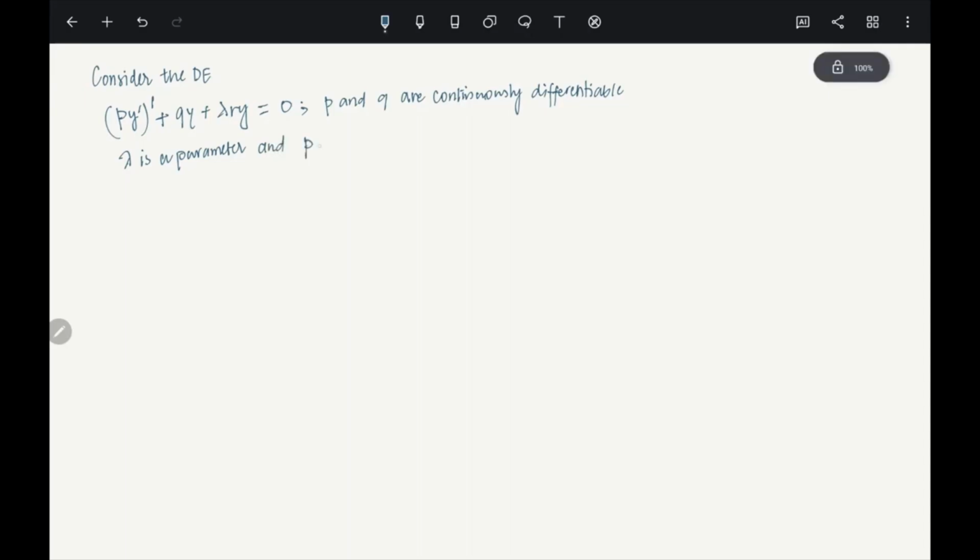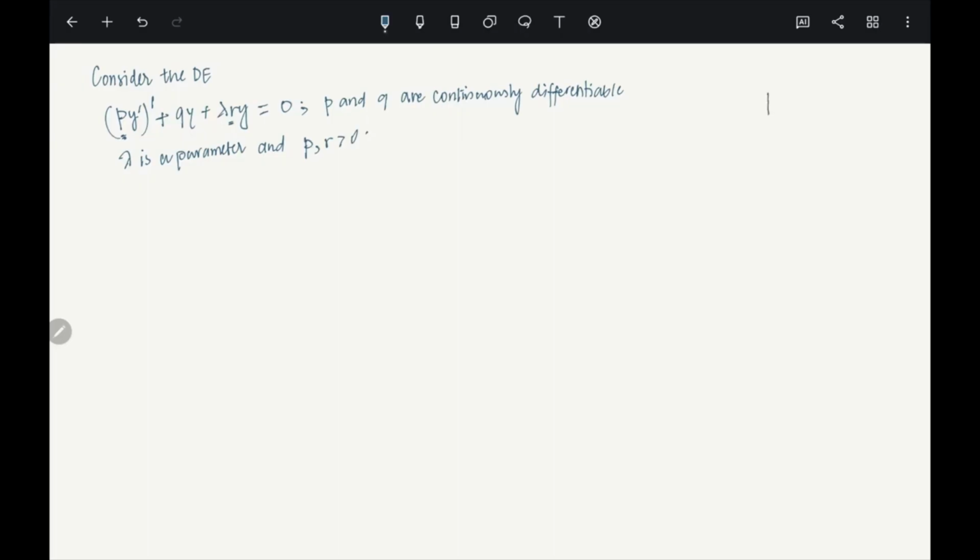P and R are positive. Please remember this, very important. Without these properties, none of the things I am going to do is going to work. P is the first coefficient, and R is the coefficient corresponding to lambda.